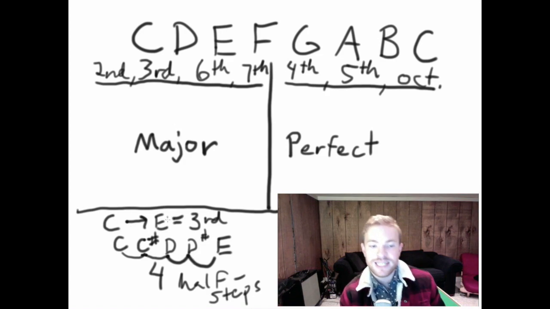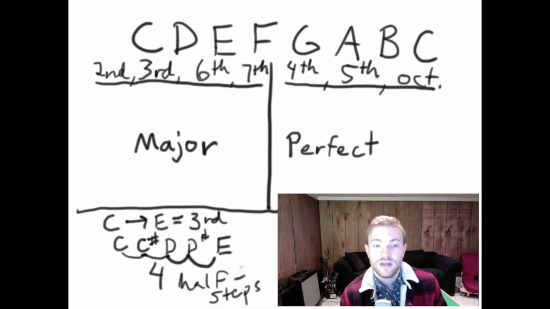So the interval from C to E that contains 4 half steps is called a major third, right? So basically, what does that name tell us? It tells us that the interval contains 3 alphabetical steps, if you disregard the accidentals, from C to D to E, and that the interval contains 4 half steps counting upwards from C.